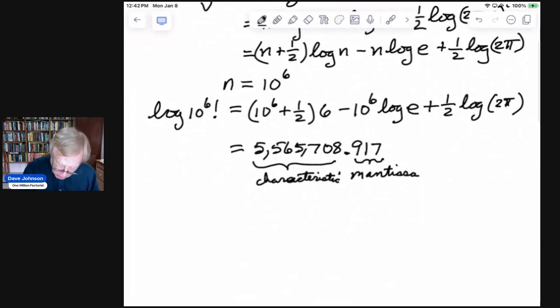Anyway, so if I exponentiate both sides base 10, we get 10 to the 6th factorial is equal to 10 raised to the 5,565,708.917.